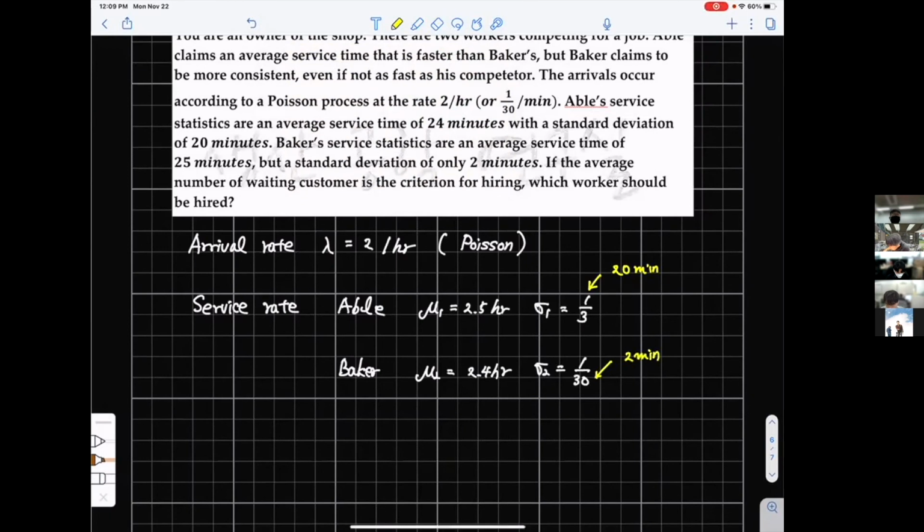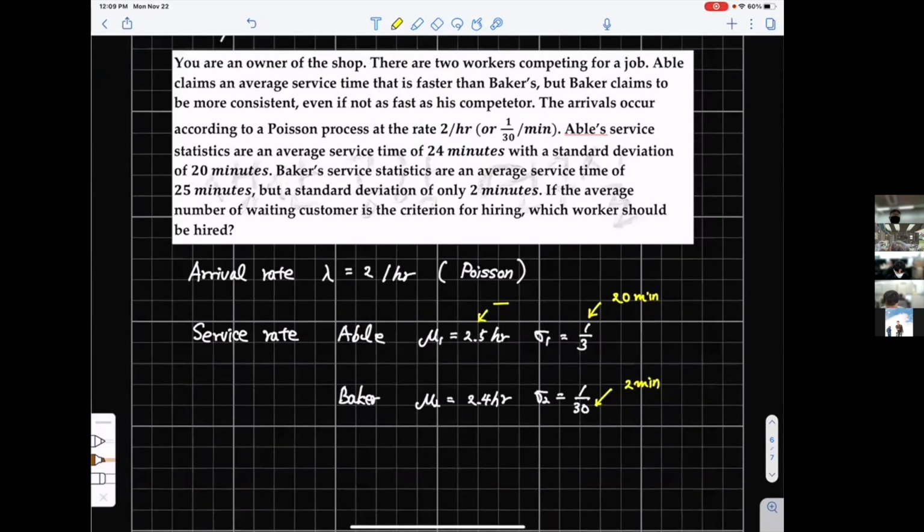And 2.5 per hour is coming from the 24 minutes, the reciprocal number of this, and 25, the reciprocal number.